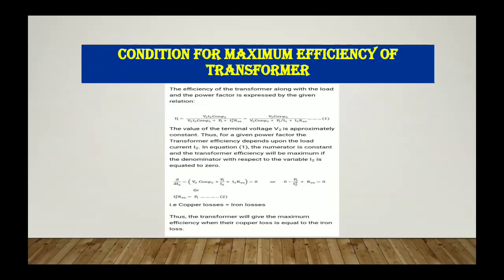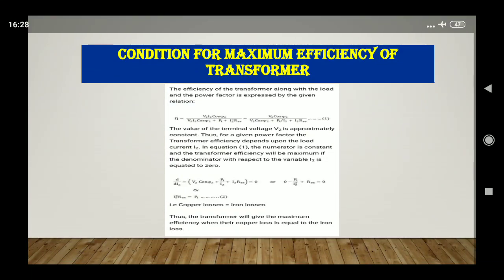If we reduce the copper loss to a value which is the same as the iron loss, then the maximum efficiency of the transformer can be achieved. So the transformer will give the maximum efficiency when its copper loss is equal to the iron loss. So that is the condition for maximum efficiency of a transformer.